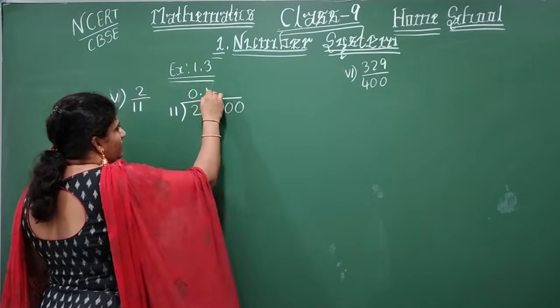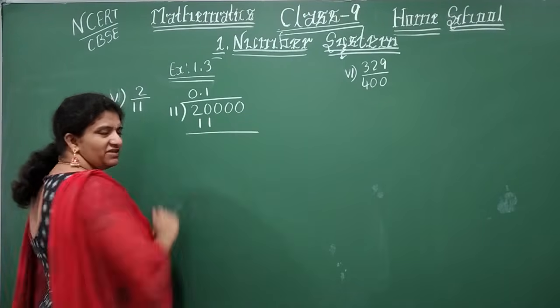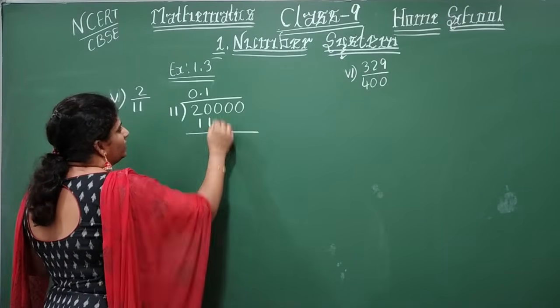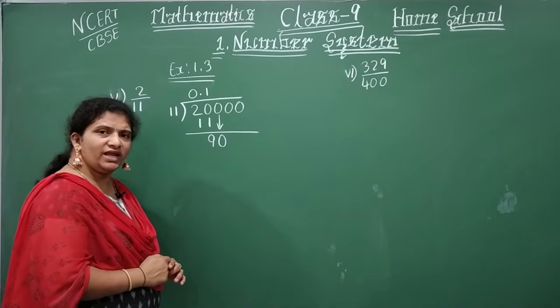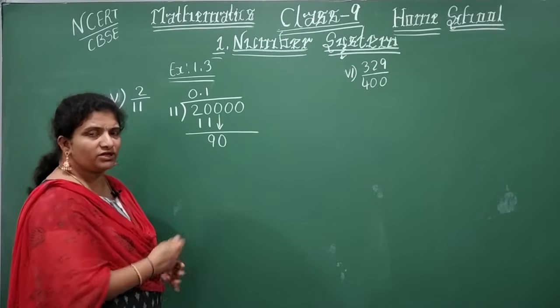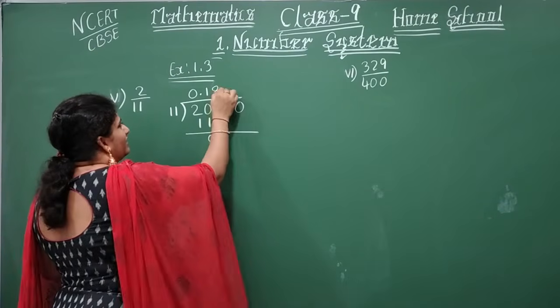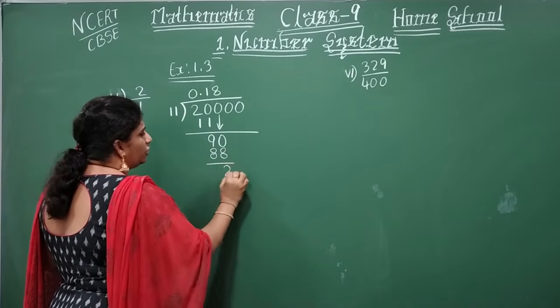What is 20 minus 11 children? It will be 9. 9, take 1 0 down, 90. Then in 11 table, where is the nearest number to 90? 11 8s are 88. 90 minus 88, it will be 2.